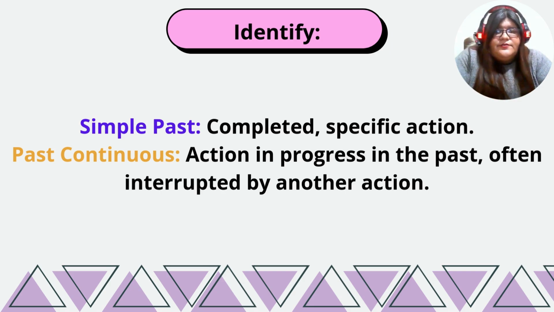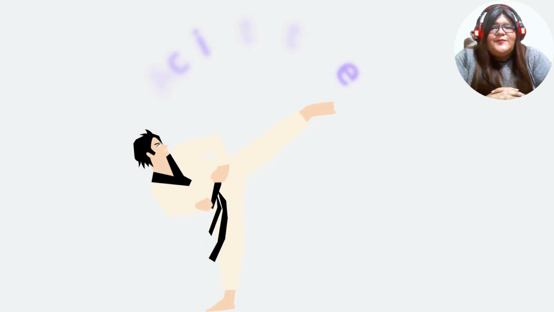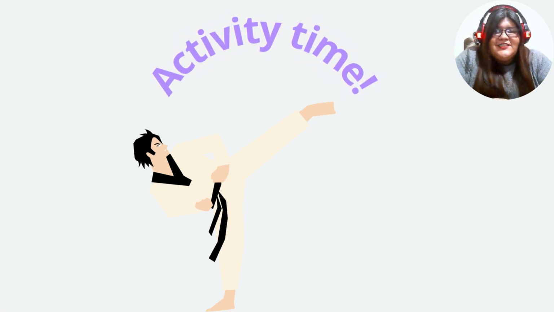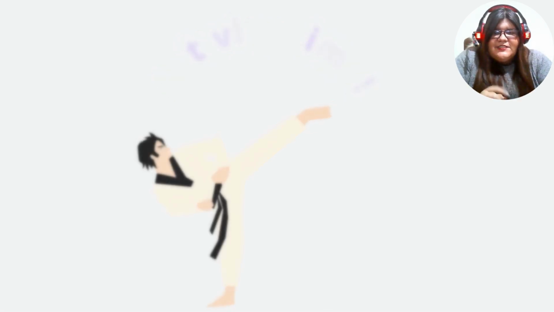And keep in mind, of course, in simple past, usually the verbs end with ed, and then past continuous with the ing form, right? So be careful with that, and you will differentiate them better. So now to see if you understood, we will make an activity time. Don't go away, keep watching.